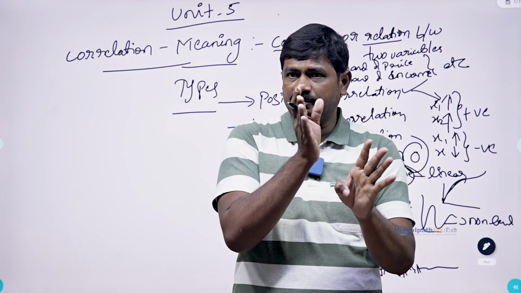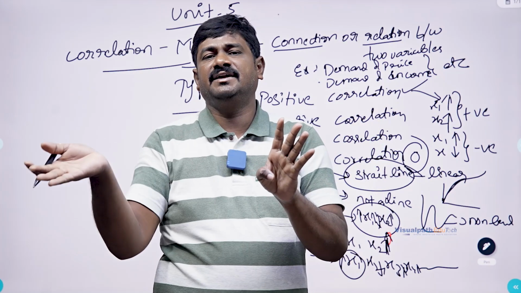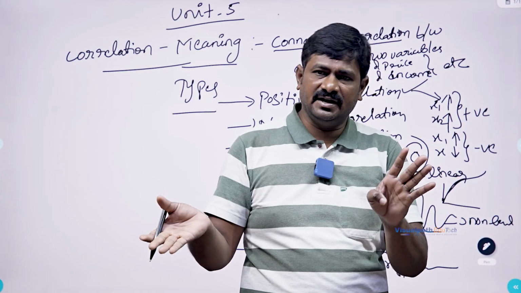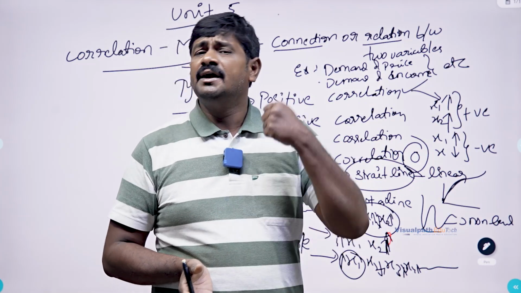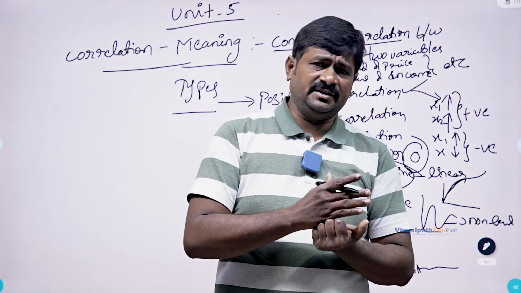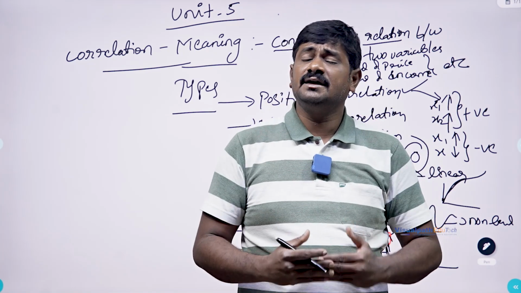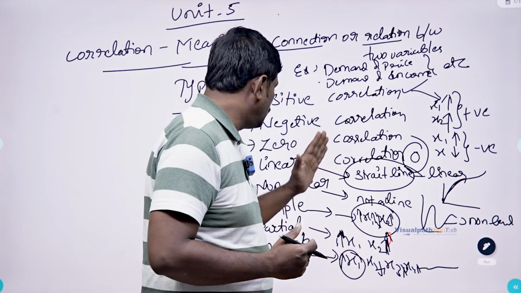For example, take demand. Demand is affected by n different variables: price of the product, income level, taste and preferences, prices of related goods, prices of substitutes, prices of dependent goods. When we consider all these factors from the correlation point of view, we call it multiple correlation.